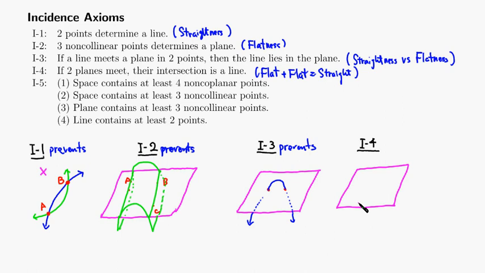So when 2 planes meet, we can't have something like this. Let's say you have a curved intersection. So here maybe a plane might look like this, and like this, and the intersection might look like this, a curved intersection with another plane. I4 is trying to prevent that kind of situation.